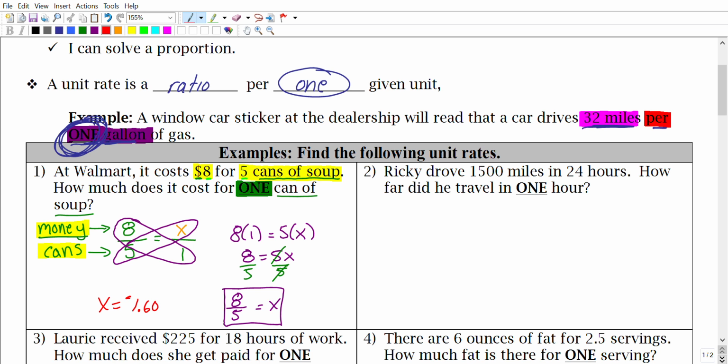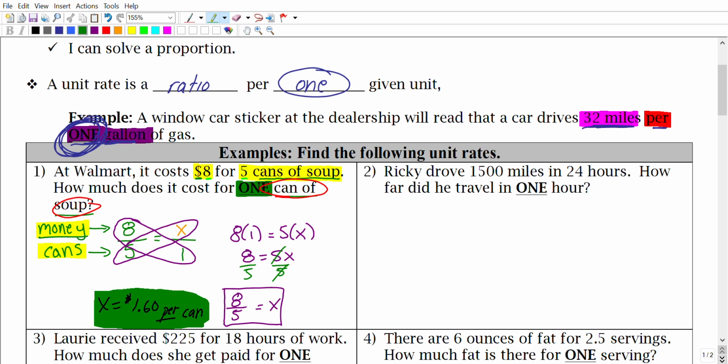And remember, what did we just find? We found money. So this is $1.60 per what? Well, per can of soup. So per can. This is your final answer.